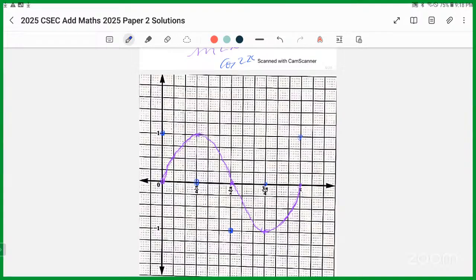So the cosine graph is passing through those points. That's the turning point down here. It turns down there, goes back up through here, and it goes like that.